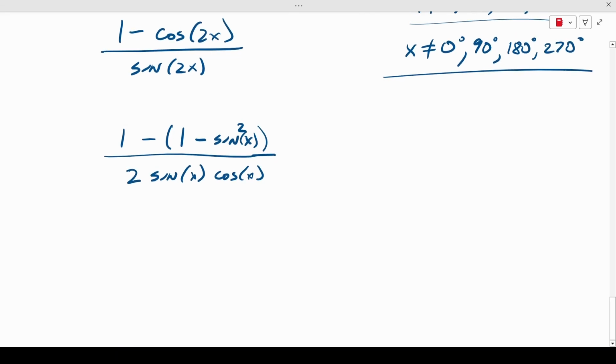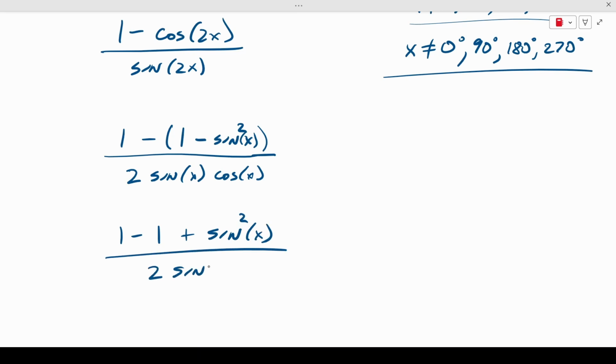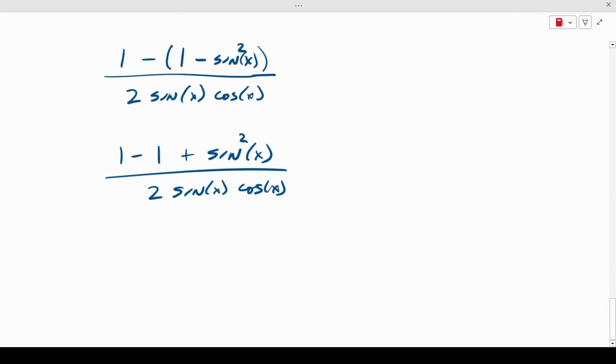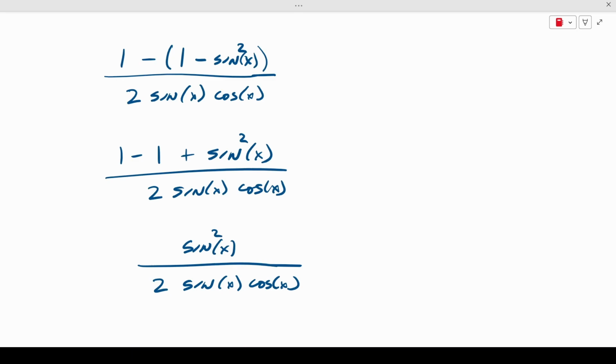That now simplifies into 1 minus 1 plus 2 sine x squared over 2 sine x cos x. And this simplifies to 2 sine x squared over 2 sine x cos x. What else could we do here?